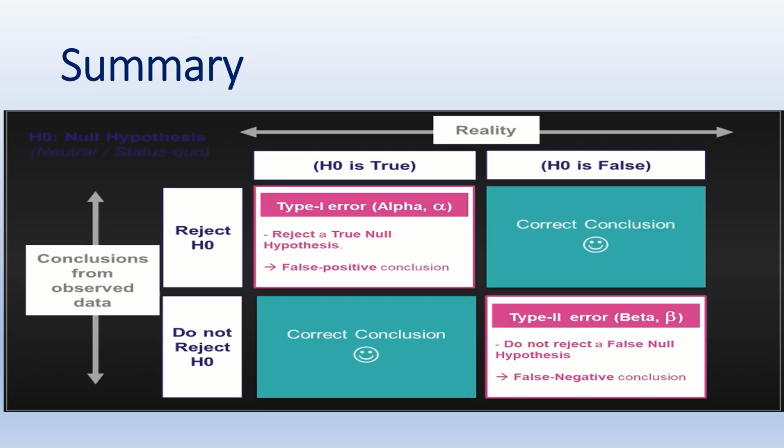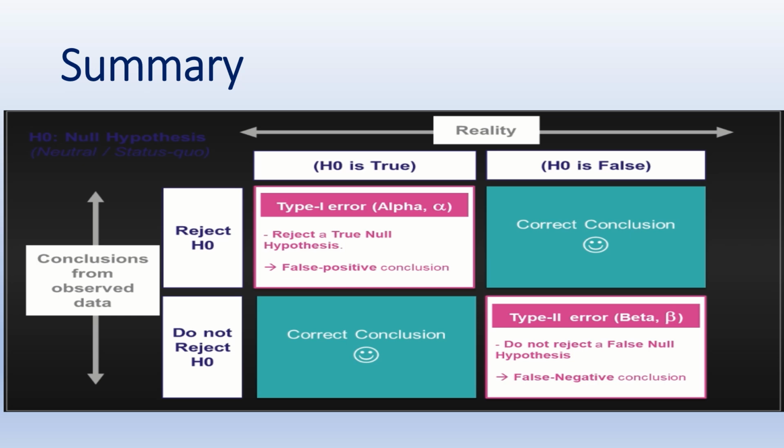Let us summarize the types of error in hypothesis testing. If we are rejecting the null hypothesis when it is true, it is called type 1 error, which is denoted as alpha. That means reject a true null hypothesis. If we are rejecting the null hypothesis when it is false, we are taking a correct conclusion.